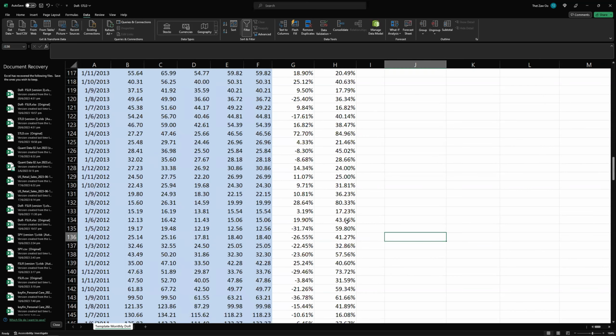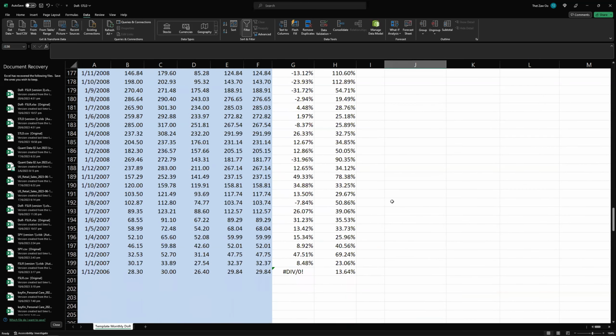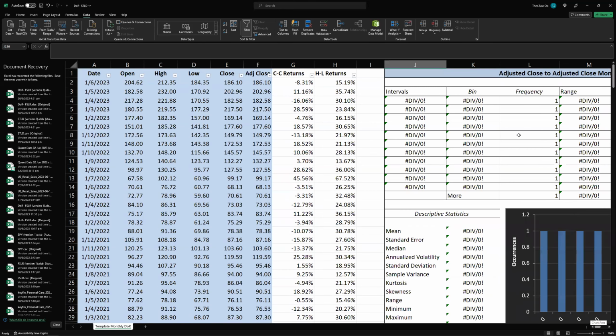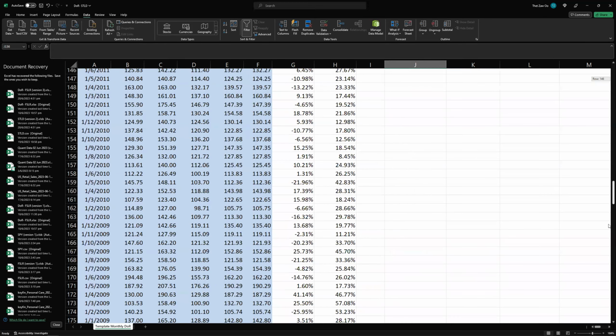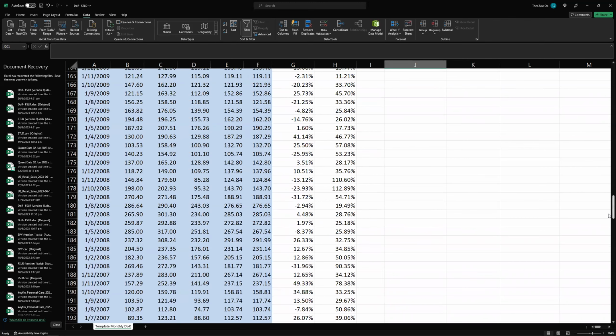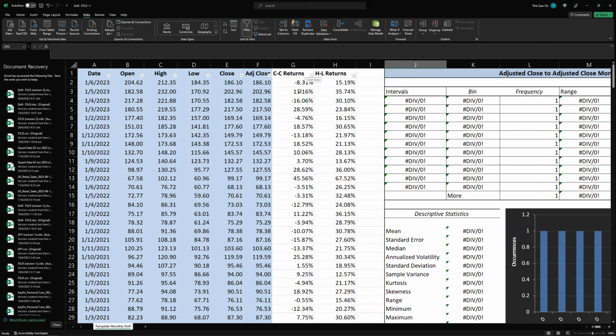And once I have scrolled all the way down, you can see everything is an error. The reason is that for the last data point there's a formula error. This column is using close to close return.